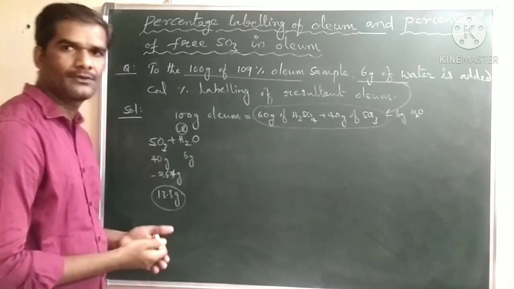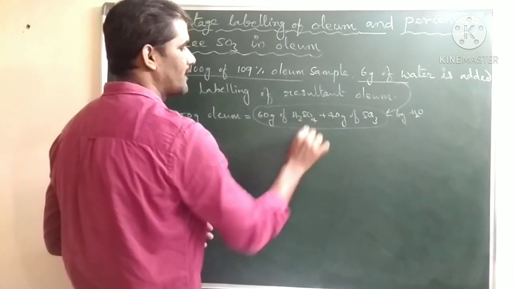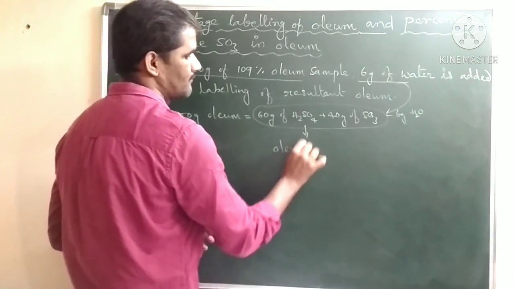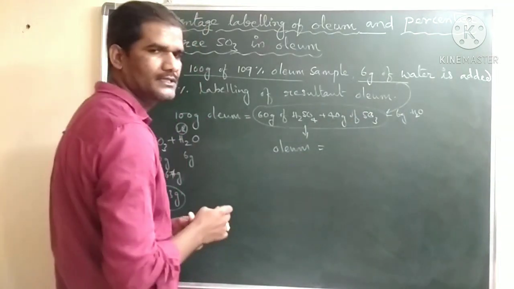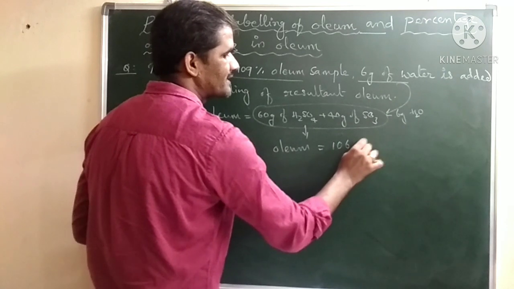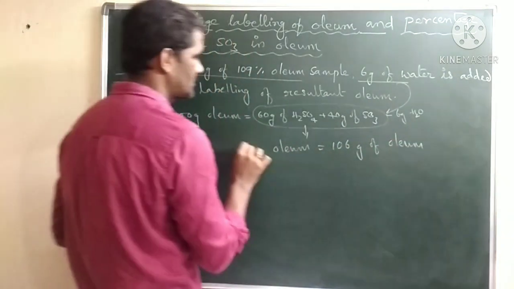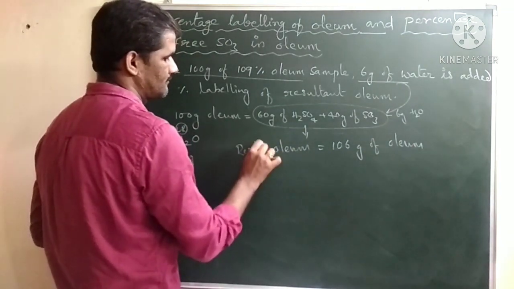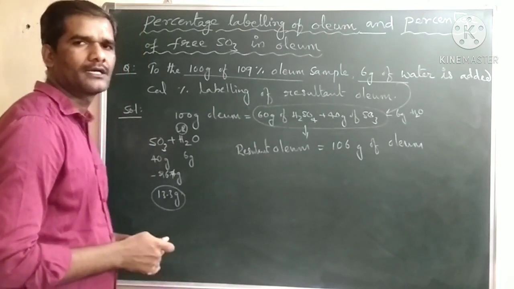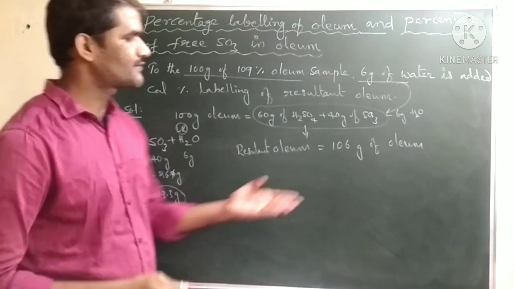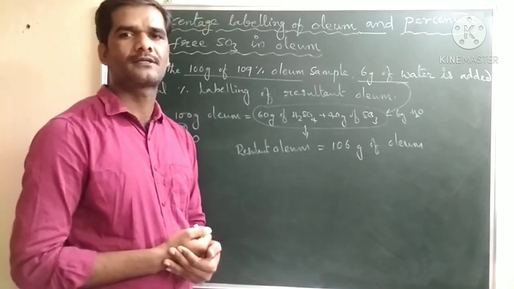Now what is the resultant oleum? When you add 6 grams to this mixture, the resultant oleum sample: for 100 grams we are adding 6 grams, 106 grams of oleum. So this is the resultant oleum when you add water to the 100 grams of oleum. Again, in this 106 grams of oleum, how much free SO3 is there?